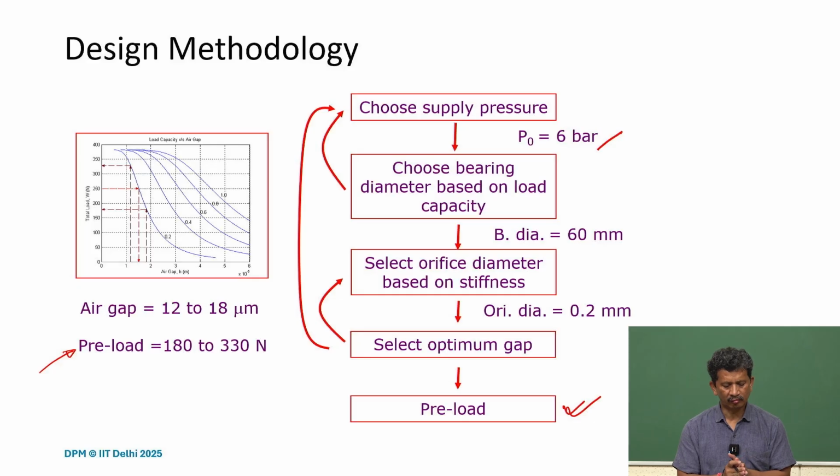But what we also understand is that it has what we call mechanical intelligence. If we increase the load, the air on the bearing surface will get pressed and the air gap will get reduced.